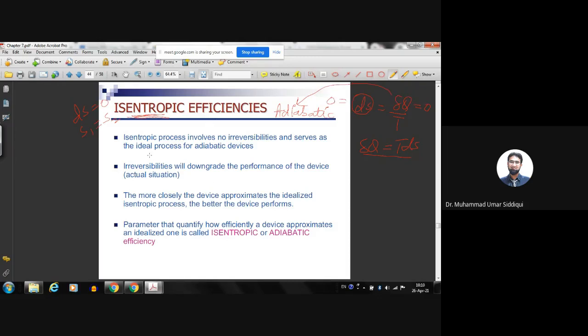Isentropic process is very similar to adiabatic process, and it could be used interchangeably, because the entropy change is associated with the amount of heat transfer by formula. So if there is no heat transfer to and from the system, then the entropy change will be zero. So an isentropic process is also considered an adiabatic process.